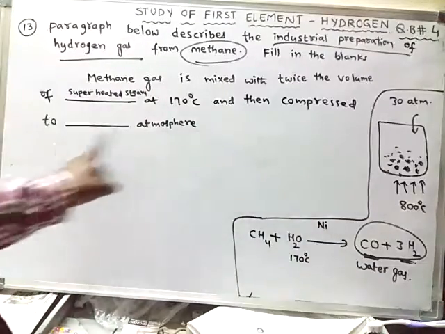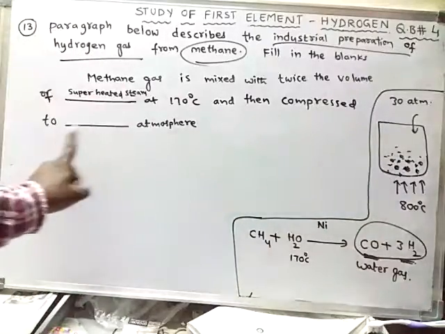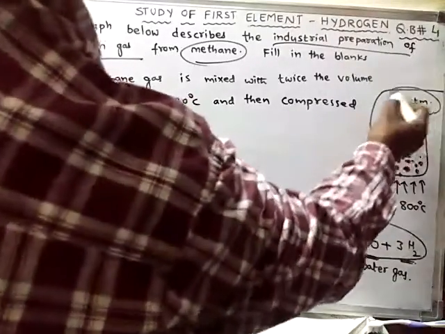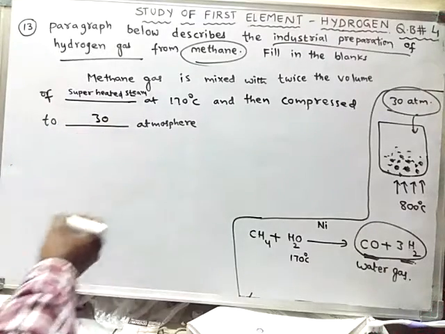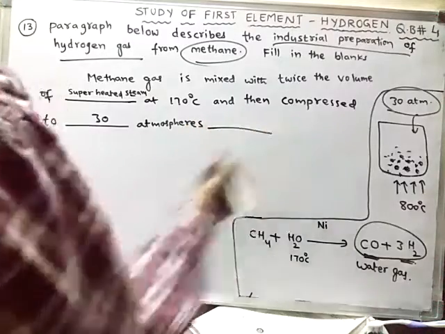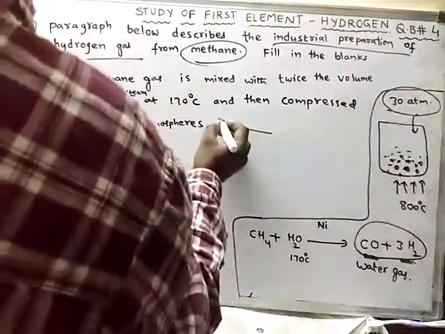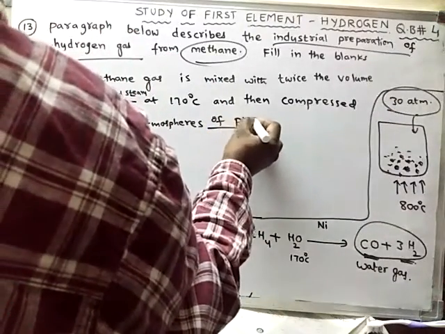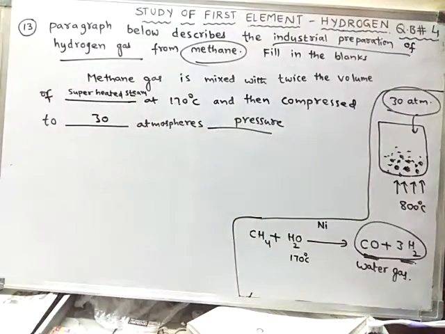So that mixture should be compressed to dash atmosphere. So how much atmosphere of pressure? So 30. Okay, 30 atmosphere. Here dash means 30 atmospheres of pressure, or else simply 30 atmospheres pressure.